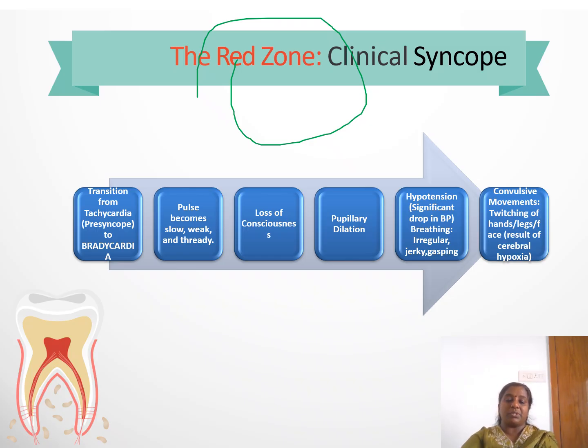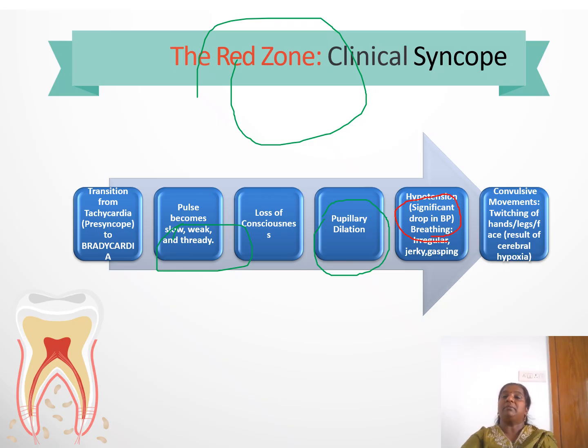The pulse also becomes slow, weak, and threadlike. Then loss of consciousness, and pupillary dilation: dilation of the pupils occurs, and hypotension. Whereas in the pre-syncopal stage we saw a rise in blood pressure, here there is a significant drop in blood pressure.